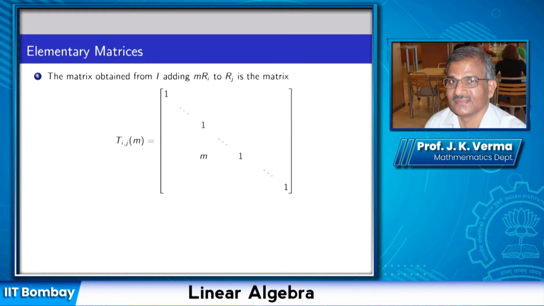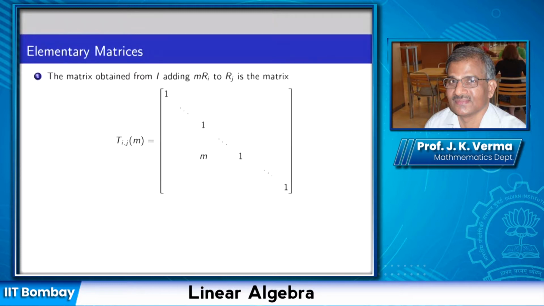And the action of Tij_m on an arbitrary matrix is again easy to understand. In the way we did this for T12, we can see what is the action of Tij_m on a given matrix.